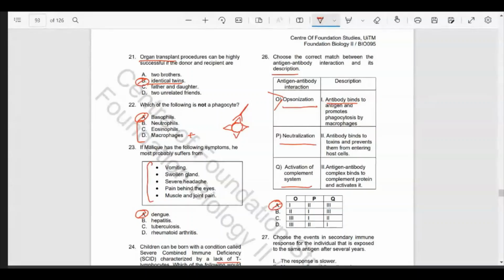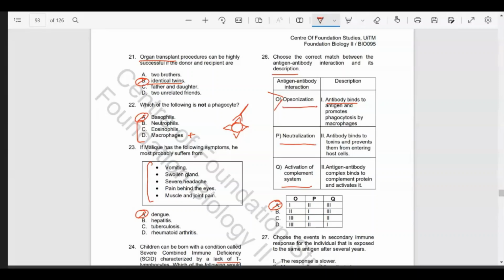Dia hanya membantu, contohnya process phagocytosis by macrophage. Okay, so ingat yang opsonization terbagi kepada dua. Satu agglutination and satu lagi adalah precipitation. Agglutinate lah. It cause the virus to clump together, cannot move, to be inactivated, for example.